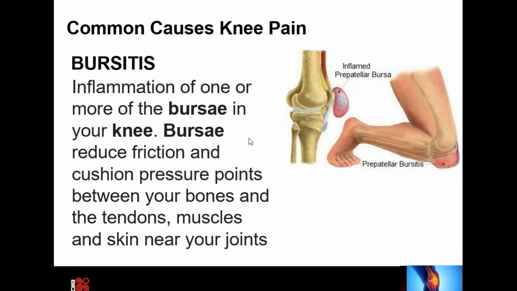The bursa around the knee I already mentioned, but one of the most common causes of knee pain is prepatellar bursitis. So this is a swelling of the bursa in between the kneecap and the front of the skin. It's usually because you're on your knees a lot, maybe doing some tiling, maybe doing some gardening, that kind of thing.